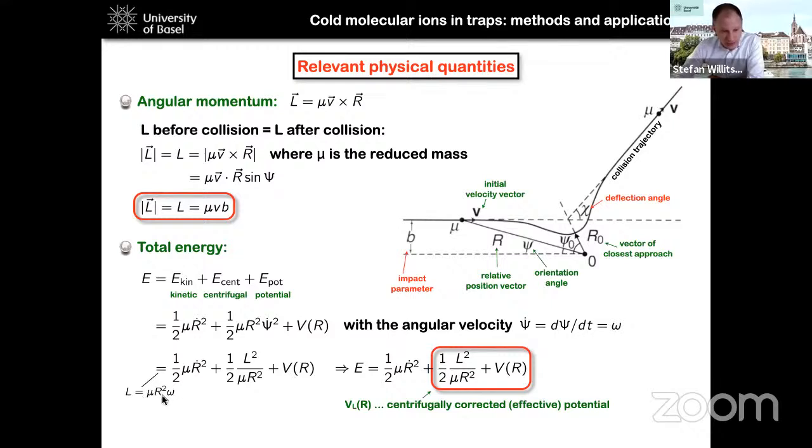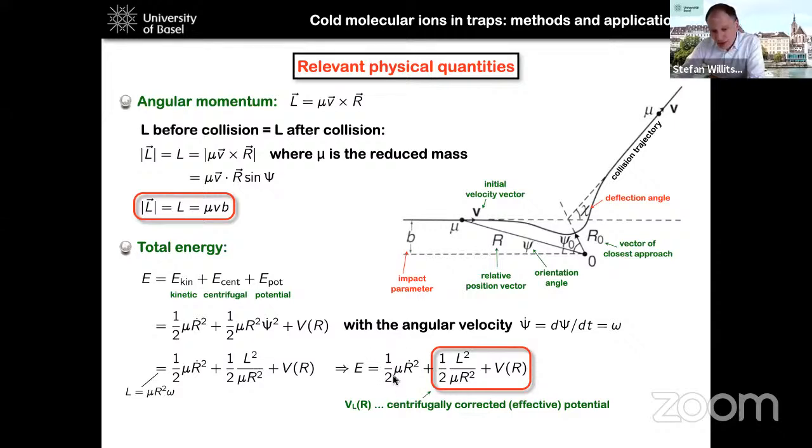We can now use the result that the angular momentum can be expressed as mu r squared times omega, insert this into the centrifugal energy, and arrive at the result that the centrifugal energy can be cast into 1/2 L squared over mu r squared. So in other words, the centrifugal energy is, not surprisingly, a function of the collisional angular momentum.